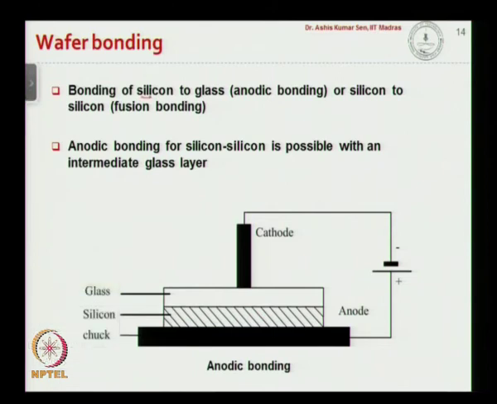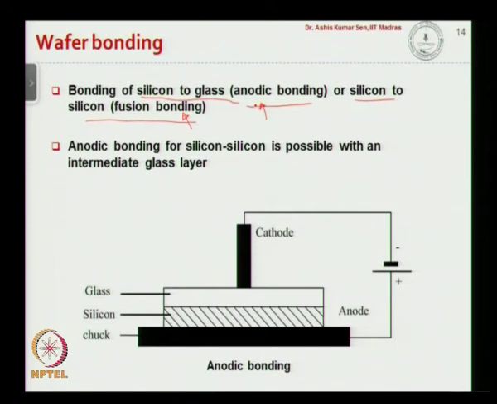Silicon to glass is typically done by anodic bonding, and silicon to silicon is done by fusion bonding, which uses relatively higher temperature. So the material in fact goes to melting, and that is how the silicon and silicon fuse to each other at the interface. We will go over the bonding process in detail sometime later.